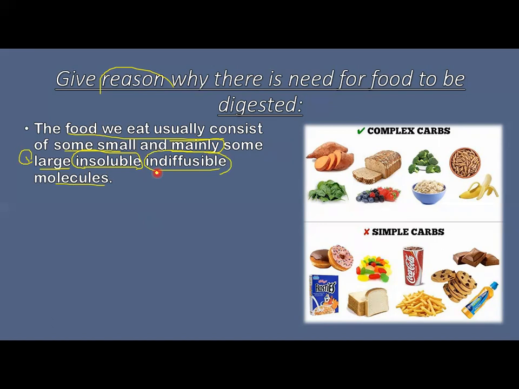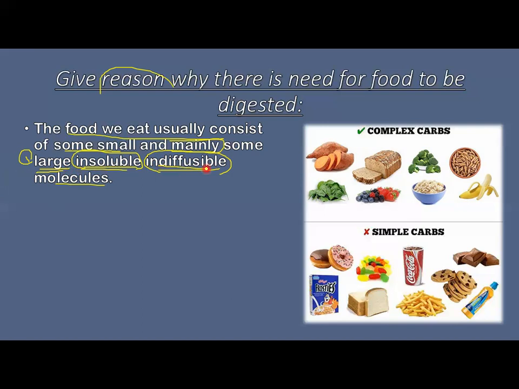So how will you get the energy when your food comes into the bloodstream? But it will not come into the bloodstream if you do not digest your food. Why? Because food is large, insoluble and indiffusible, so it cannot cross the partially permeable cell membrane.